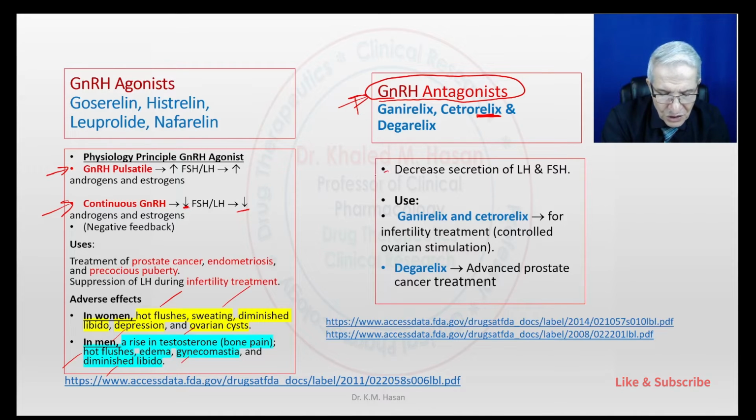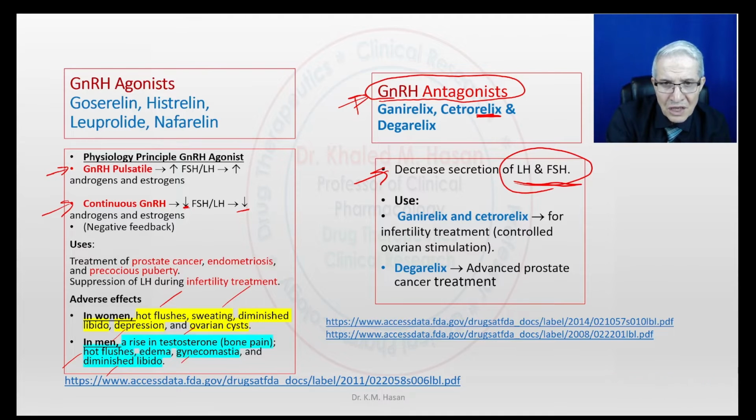This medication decreases the level of LH and FSH. It could be used for the treatment of infertility, for controlled ovarian stimulation. Cetrorelix is used for treatment of infertility during controlled ovarian stimulation.